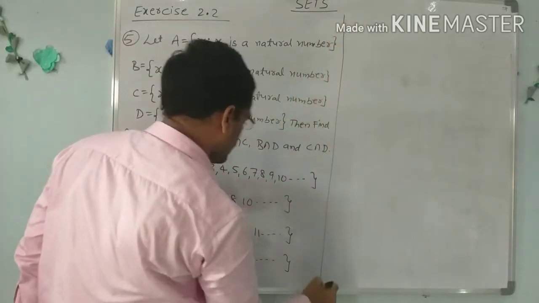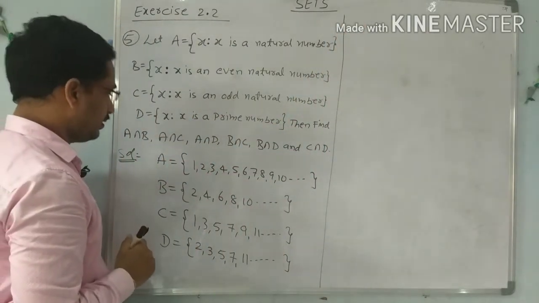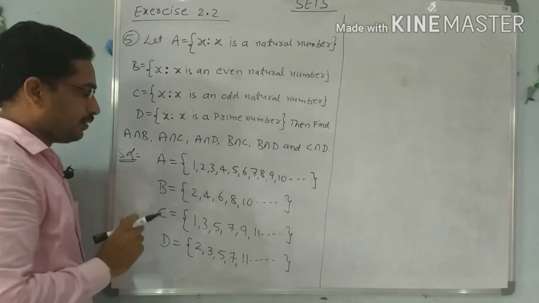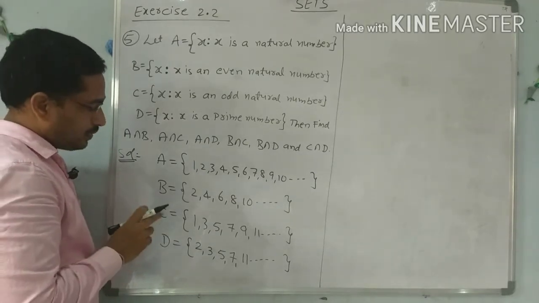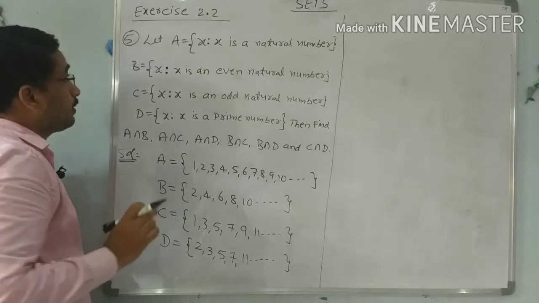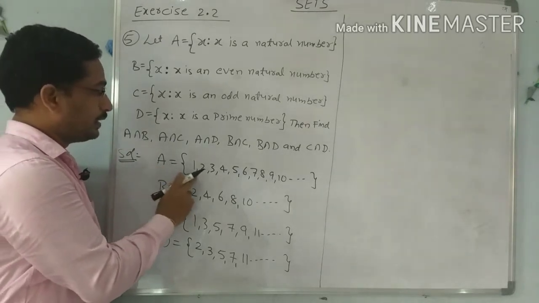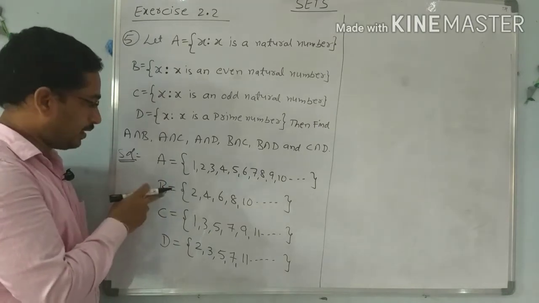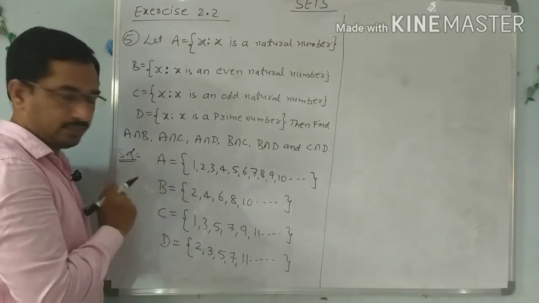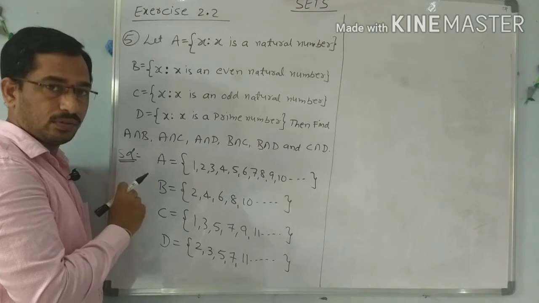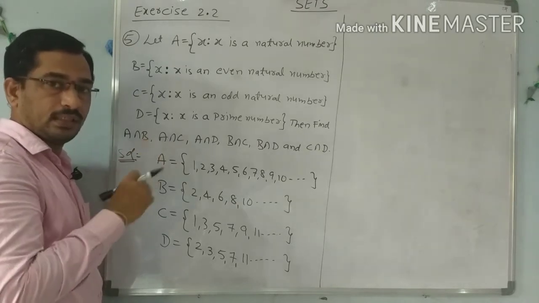See, the first one is A intersection B. If you observe from the fourth problem, the biggest set is A and all these are subsets of A. It is related to the fourth.